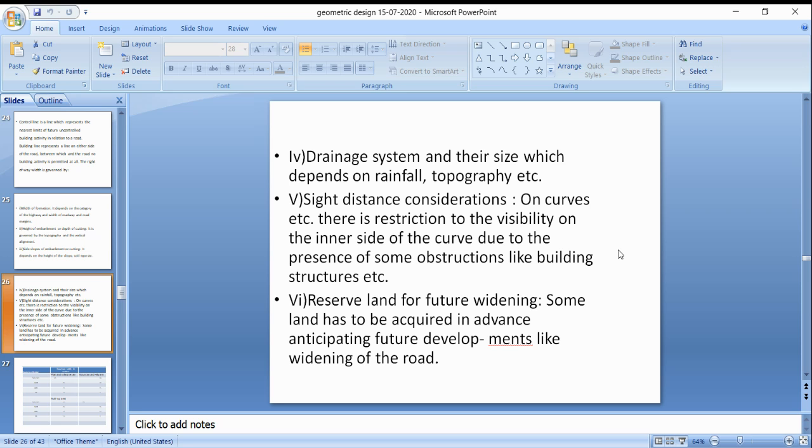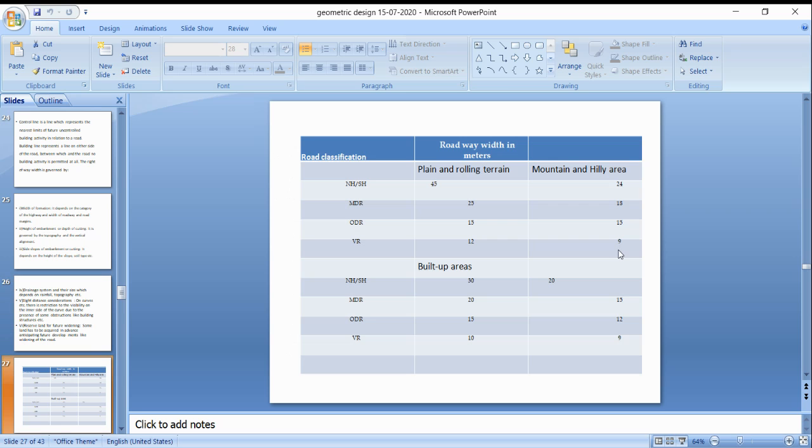Land has to be acquired in advance, anticipating future developments like the widening of the road. So land is acquired now in anticipation of future developments.